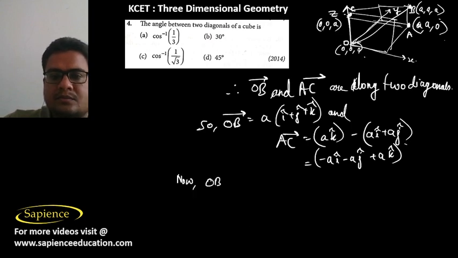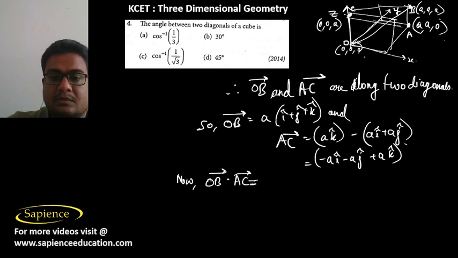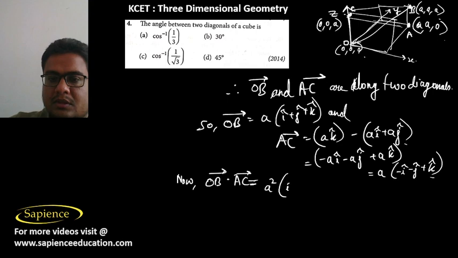Now OB vector dot AC vector means you have to find the scalar product of OB vector and AC vector. So this will be a square into i cap plus j cap plus k cap, dot product with minus i cap minus j cap plus k cap.